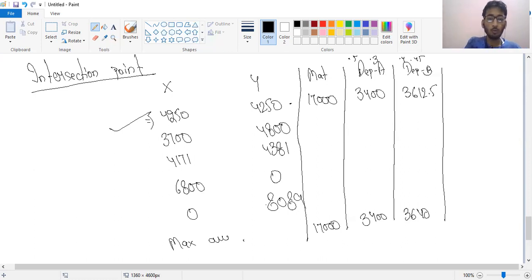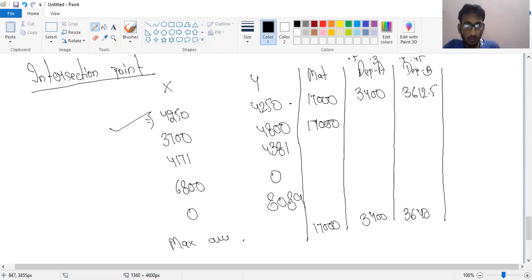Okay, let's see the second. So 3700 multiplied by 2 and 4800 multiplied by 2. Okay, so I'm getting basically 17,000. I'm just seeing how many material hours are used.